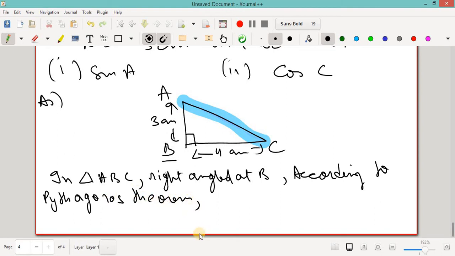What is the Pythagoras theorem? In simple words, students, the side that is opposite 90, AC, that is AC square, will be equal to the sum of the other two sides, that is AB square plus BC square.